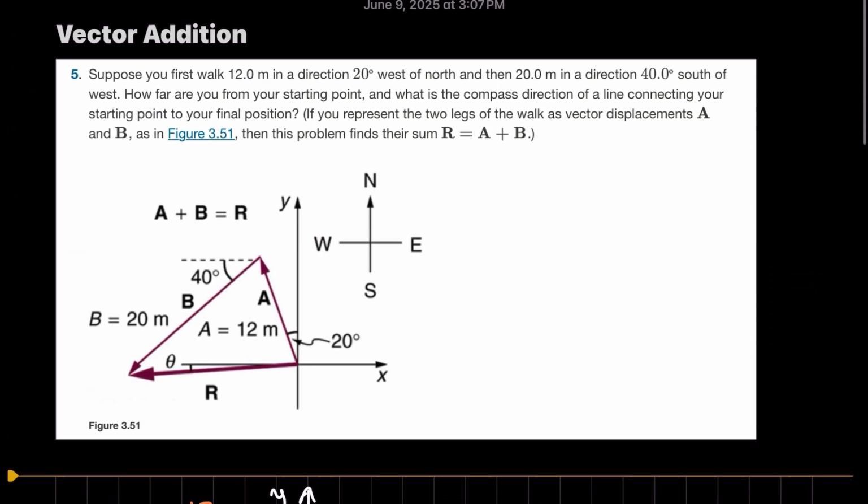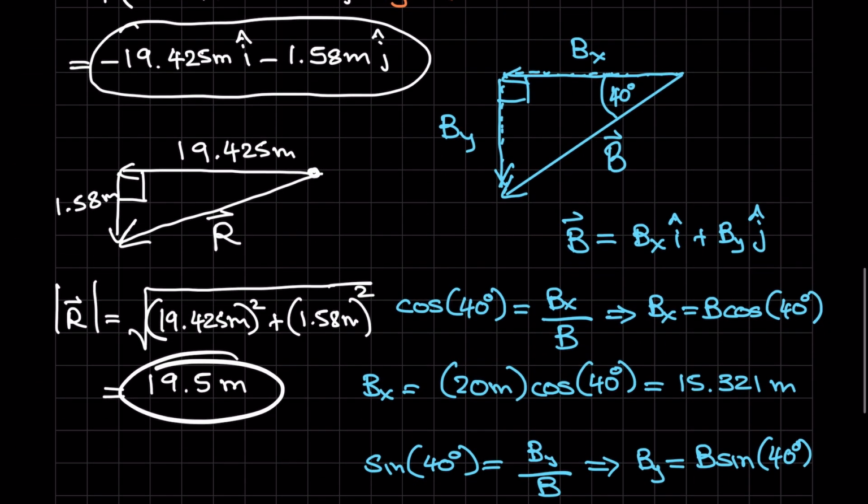When you add A to B, R shows up here, but it's slightly dipping below the x-axis by some angle, and we can find that too.